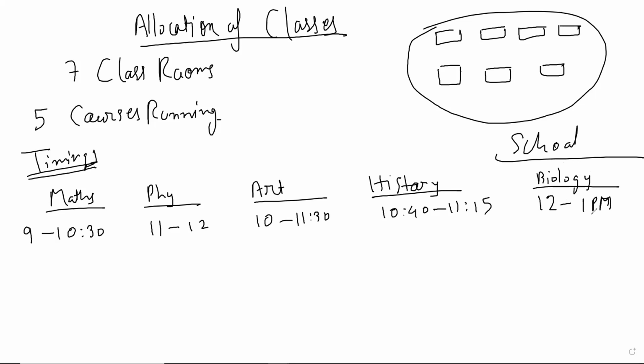What is it that we want to do? Before I say that, certainly I cannot run 2 courses in the same classroom if the timings overlap. I cannot do that. For instance, I cannot run maths and arts at the same time in a class, because their timings are overlapping.